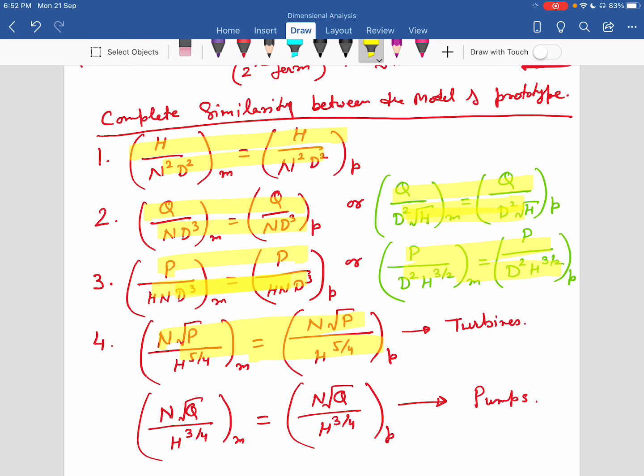In case of pumps, I can use this or this, and this equation. So for complete similarity of turbines and pumps, I can use these 4 relations as similitude laws in turbines and pumps. So this is all about the model testing of turbines and pumps. Now you can apply these equations in numerical problems. Thank you.